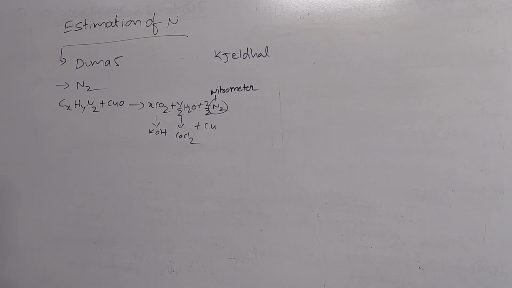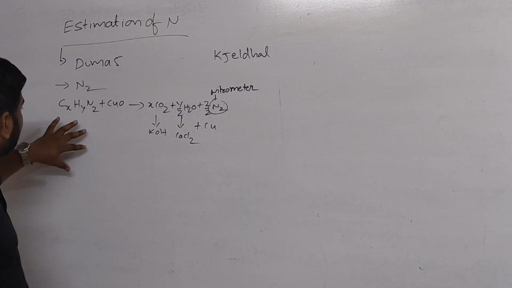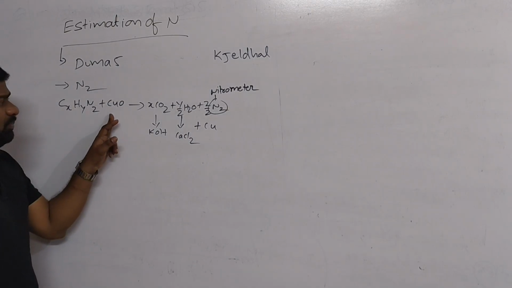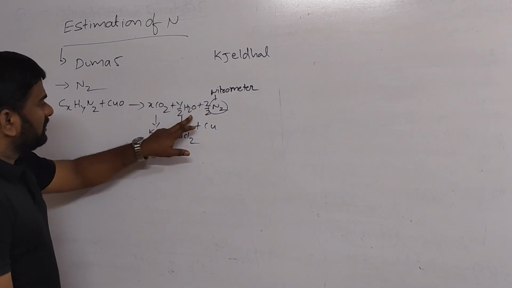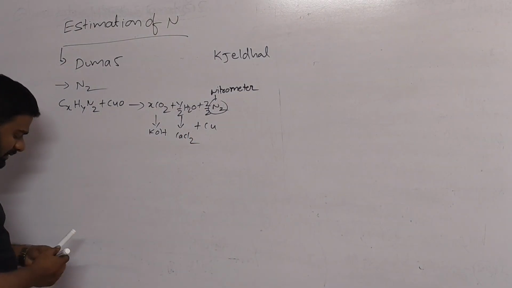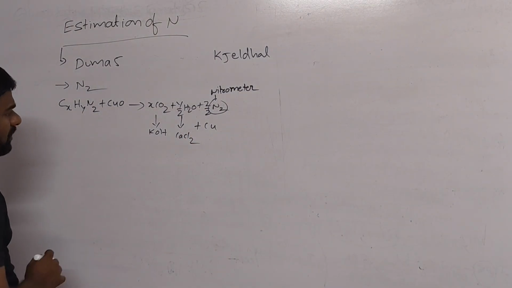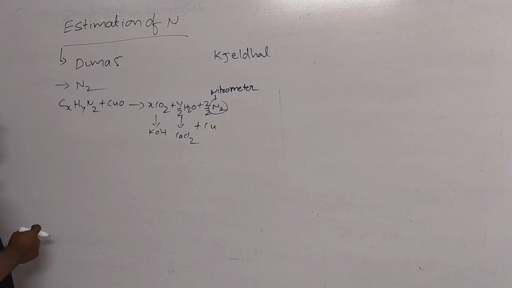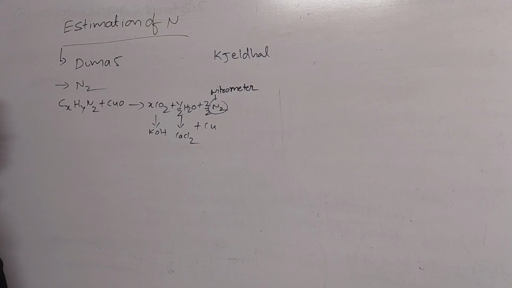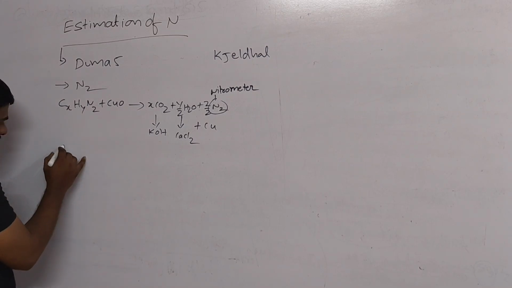So in the Dumas method, if you heat the organic compound containing carbon, hydrogen, nitrogen with CuO, you get CO2, H2O, and N2 along with Cu. Here, how can we calculate the nitrogen percentage? By knowing the volume of N2, you can calculate it.